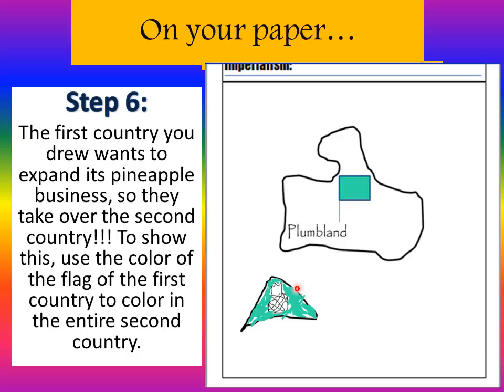You can color over the pineapple if you want to, but you don't have to. This just shows that this country, our bigger country, has now taken over our country here because we want to use their pineapple. So if you think back to history, we took over Hawaii and we used their pineapple plantations for our benefit.